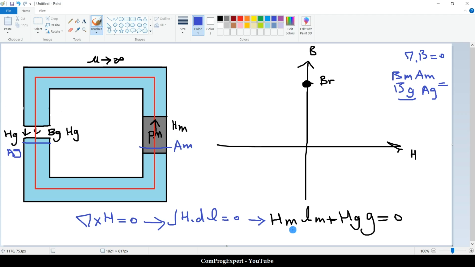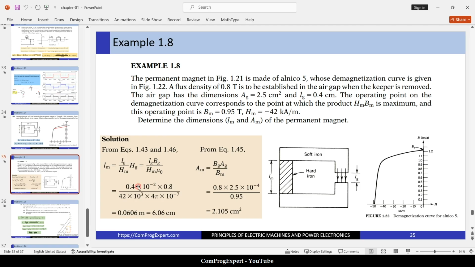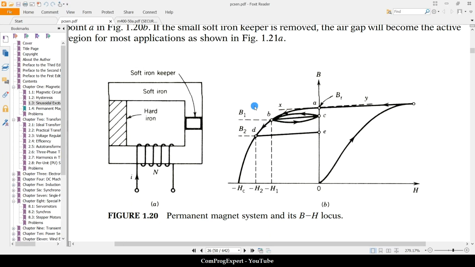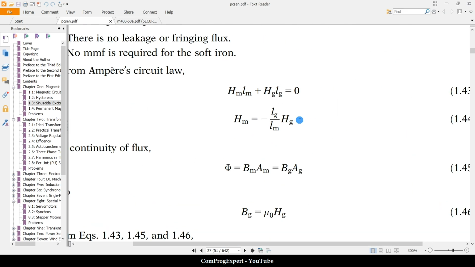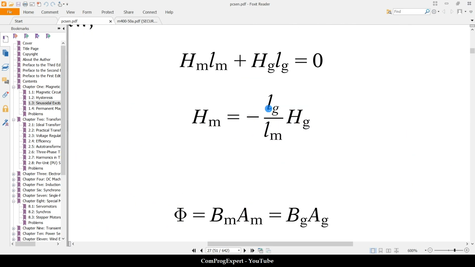So, but how to calculate? This is the HB curve of the magnet in the second quadrant. And according to these equations, you can calculate the H inside the magnet.